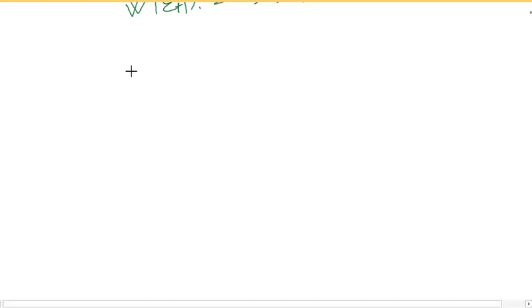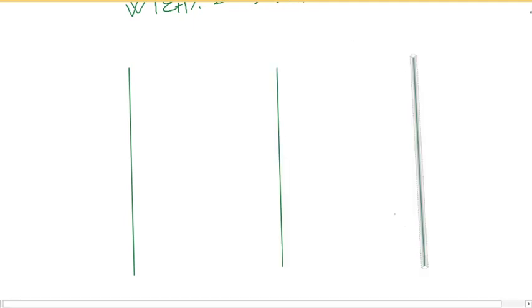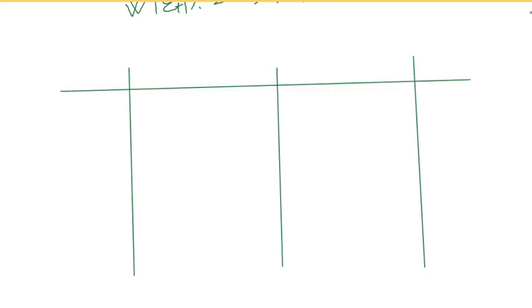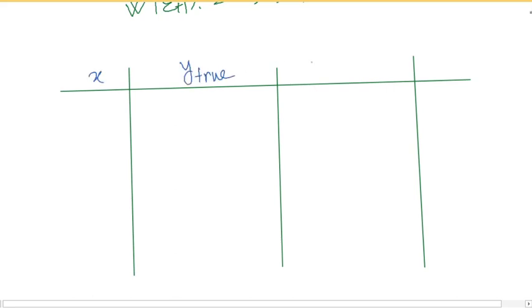I'm drawing the table. This is x, this is y true, this is y using Heun's method, and this is ET percentage.